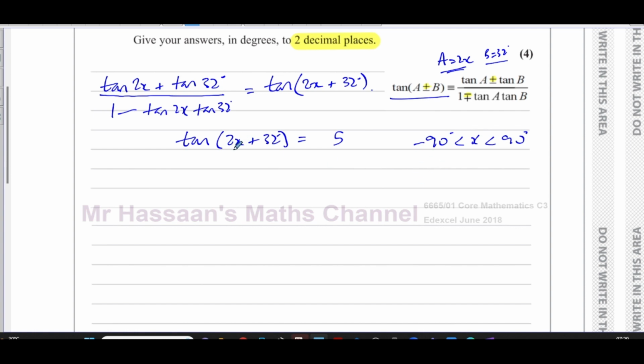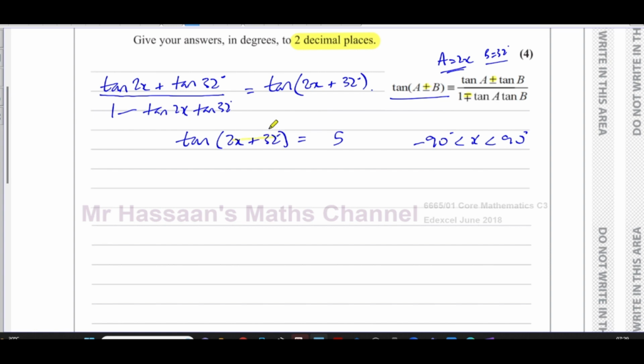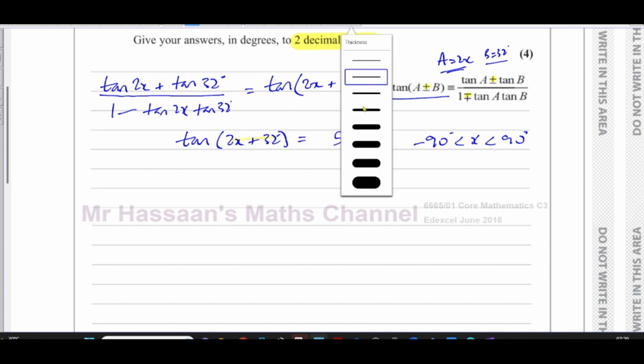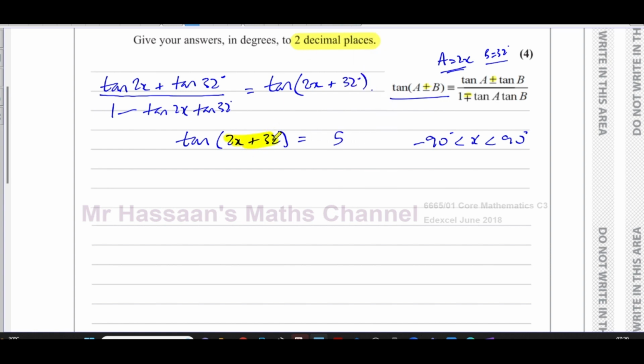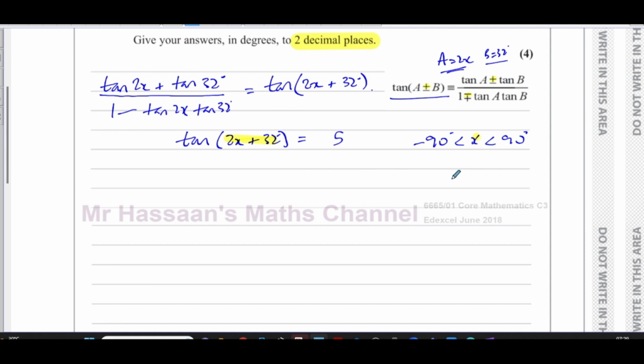The limits have to match what's in this part here, so I have to write them as 2x plus 32.